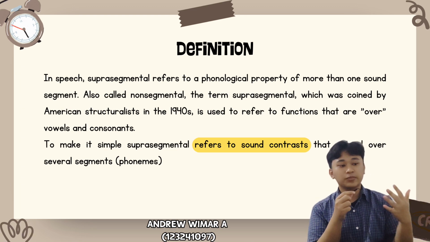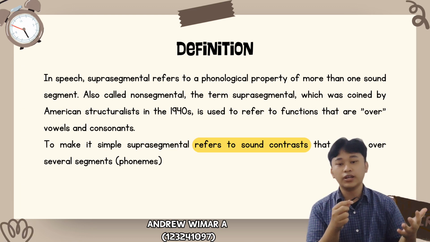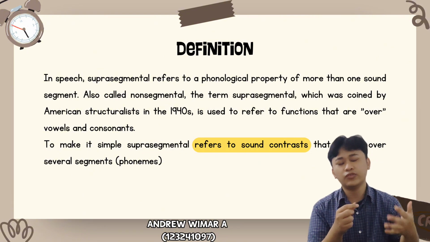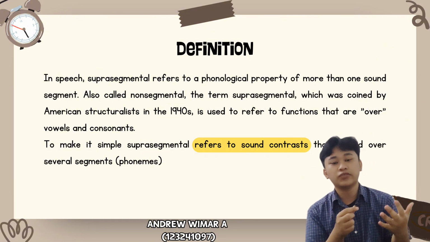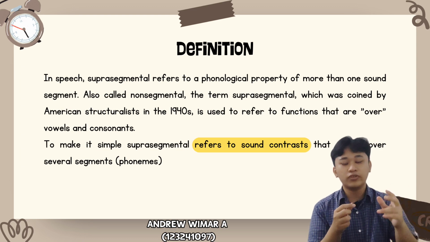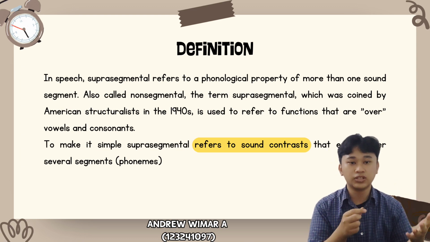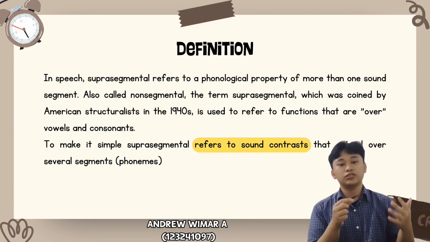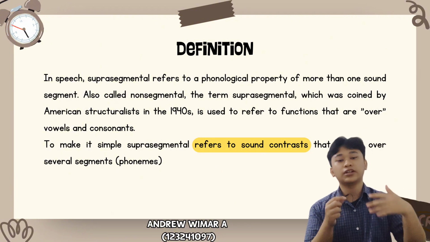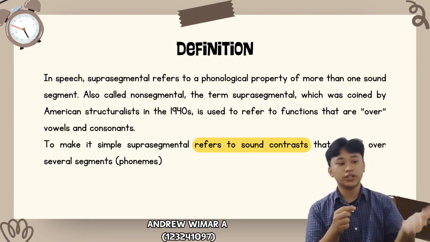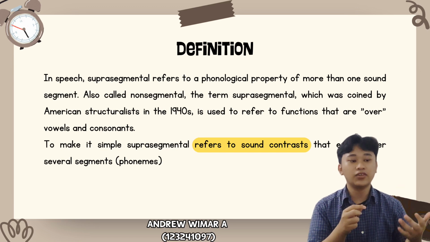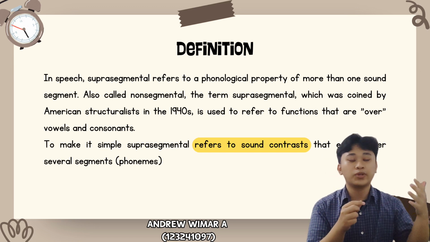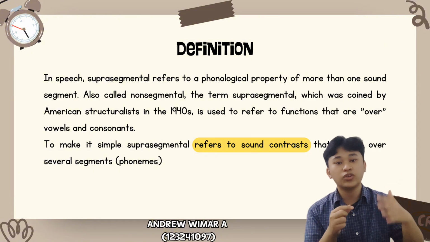The term suprasegmental, which was coined by American structuralists in the 1940s, is used to refer to a function over vowels and consonants. To make it simple, suprasegmental refers to sound contrast that extends over several segments. So we are going to present about sound contrast.